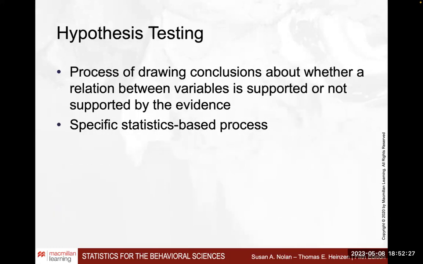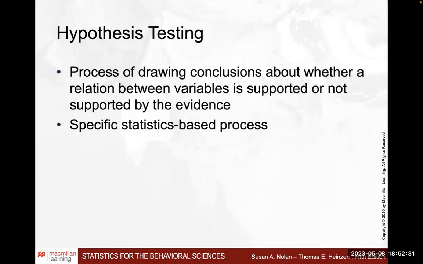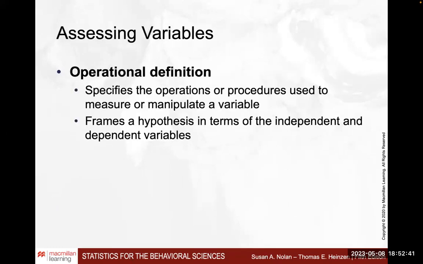Hypothesis testing is basically drawing conclusions whether a relation between variables, dependent and independent, is supported by the evidence. So that's where we're getting into hypothesis testing. For hypothesis testing, you need to have operational definitions of your variables.